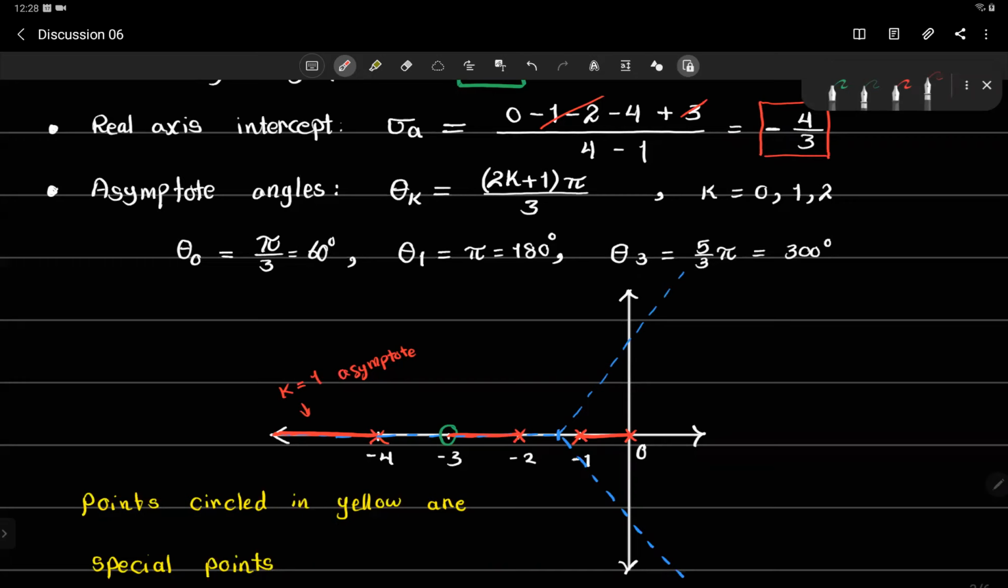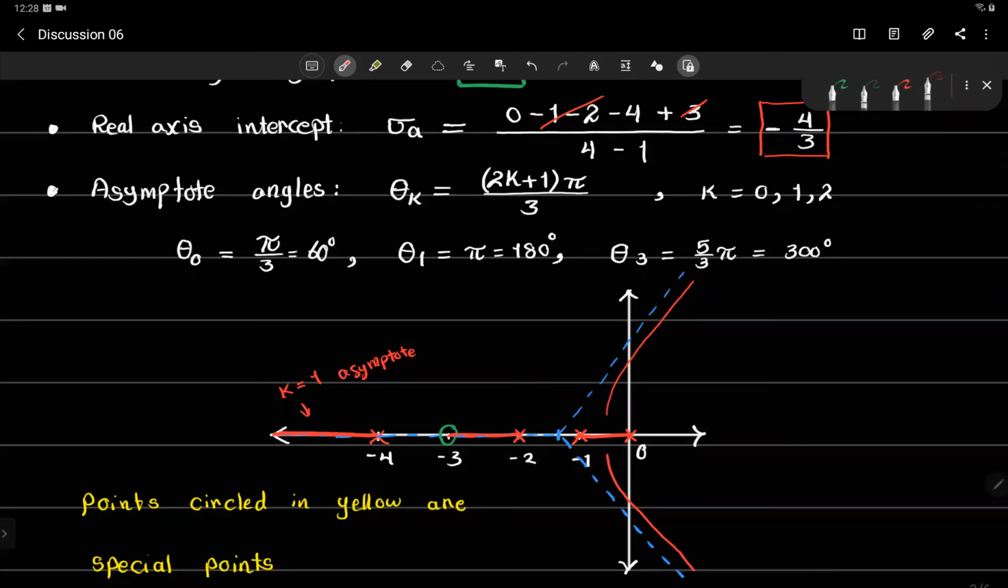And then for k equal to 0, we know that one of these two will go something like this. It'll approach this as a straight line, and the other will go something like this, okay? But we don't know what happens exactly before they start asymptoting towards these asymptotes, right?